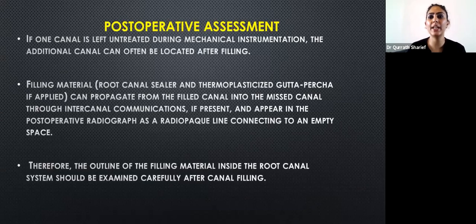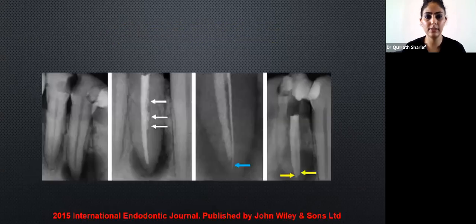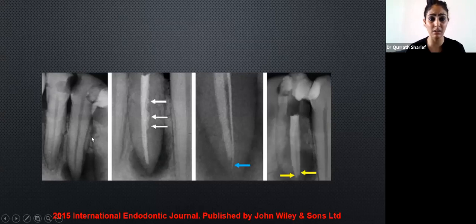Now, post-operative assessment. It's very important. I'll just show this X-ray, you'll understand better. In this, the canal looks properly normal for me. I don't feel that there is any very obvious change in the anatomy here. But after the obturation is done, you can see that there is some irregularity here.